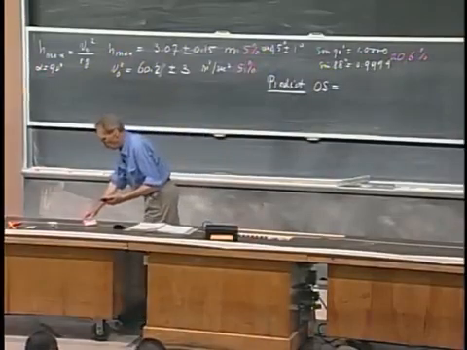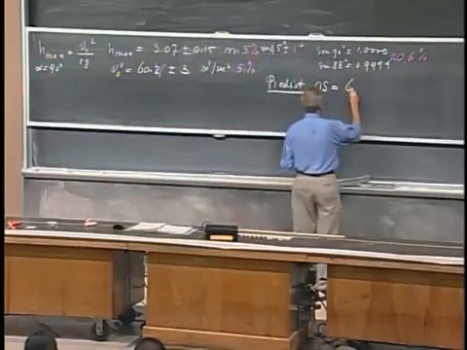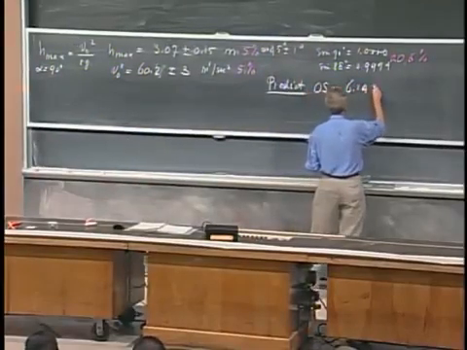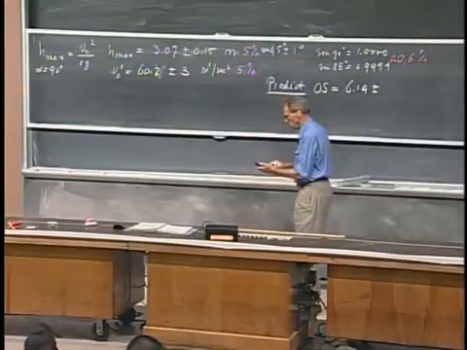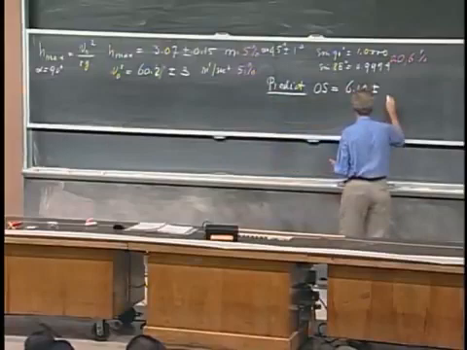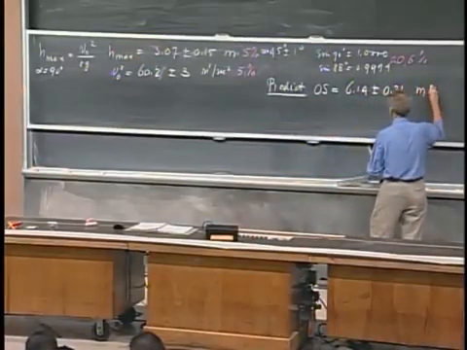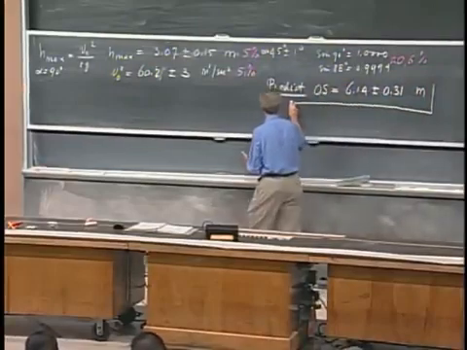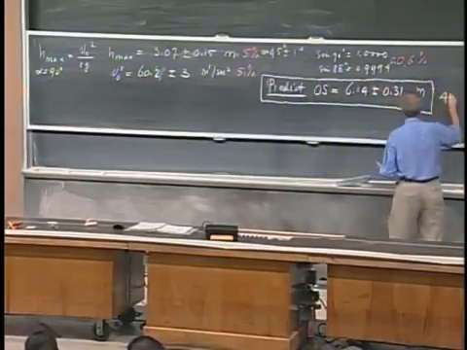That is 6.14 meters. With an uncertainty of 5%, right? Because that's the uncertainty in V0 squared. And so that is an uncertainty of 30 centimeters, actually 31 centimeters. This is my prediction for an angle of 45 degrees.